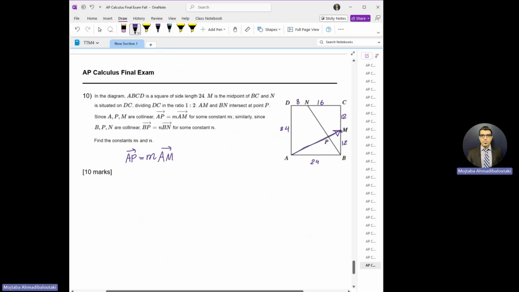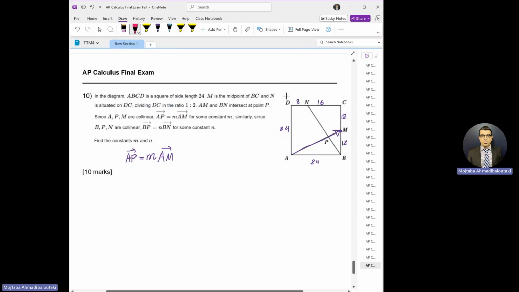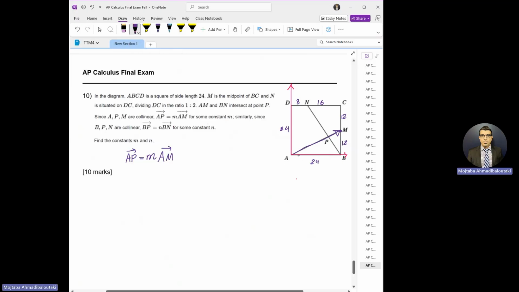If you look at this as a coordinate system, and we call this point the origin, 0 and 0, then this vector is described by the coordinates 24 and 12.